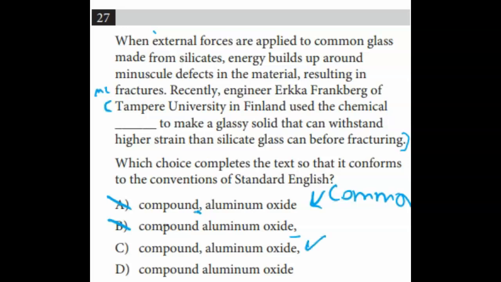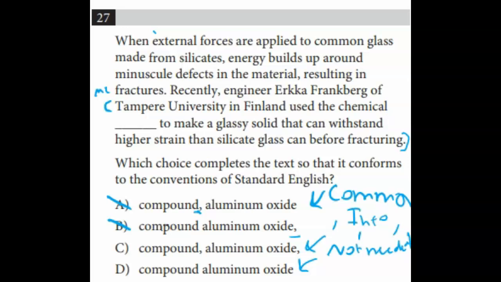So really we only need to know whether C and D are correct, because we just need to know whether to put commas around aluminum oxide. The rule of thumb with commas is commas go outside info that's not needed, meaning not necessary for the sentence to function. In this case, Tampere University in Finland used the chemical compound aluminum oxide to make a glassy solid that can withstand higher strain.